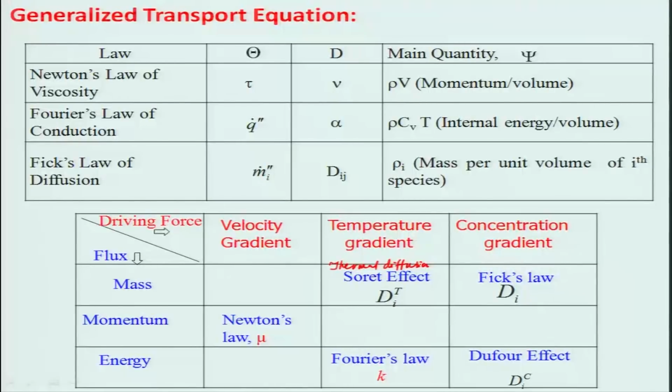Because of the concentration gradient, there will also be some transport of energy, which is known as the Dufour effect. The Dufour effect is generally negligibly small in combustion problems, so D_IC is approximately 0 for combustion problems.